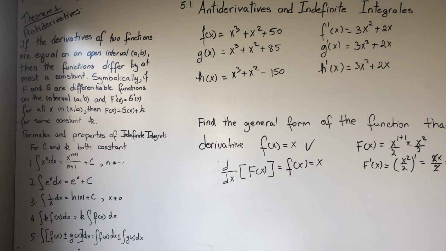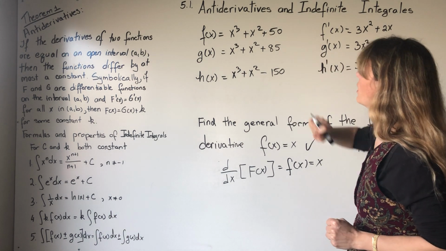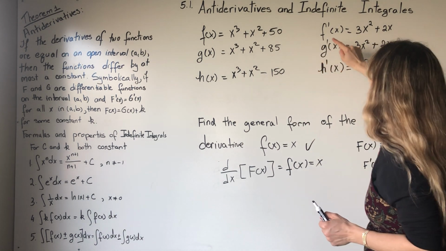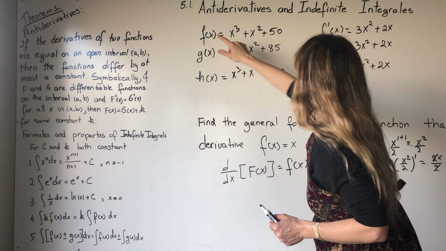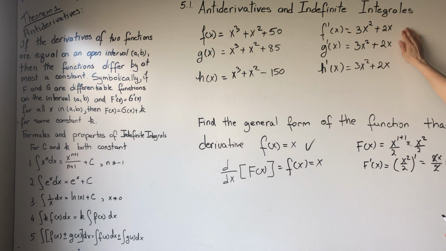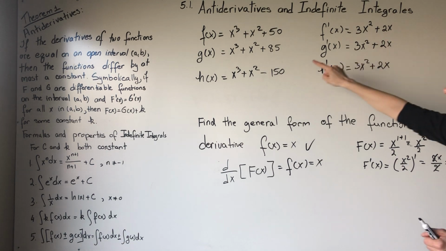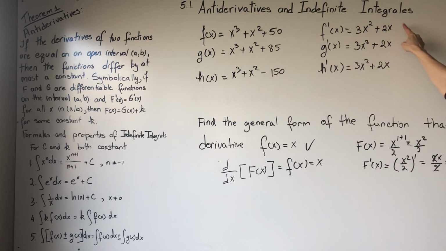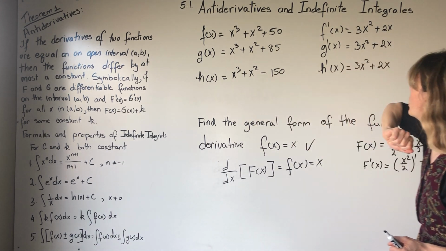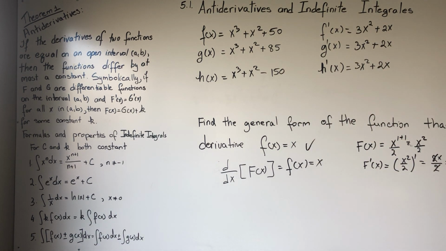No, we are not. Why are we not done? We are not done because, do you remember that I can take a derivative of this function and I get this, but I also can take the derivative of this function and I also get the same thing? And I also can take the derivative of this function and get the same thing, correct?